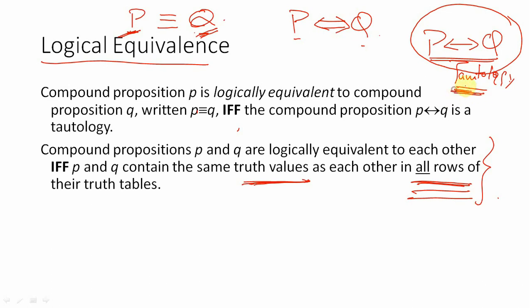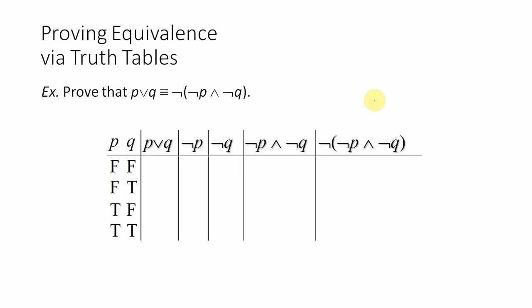You can make a truth table of capital P biconditional capital Q and see that all the values in the final column will be true. So you can use either method to check for logical equivalence.